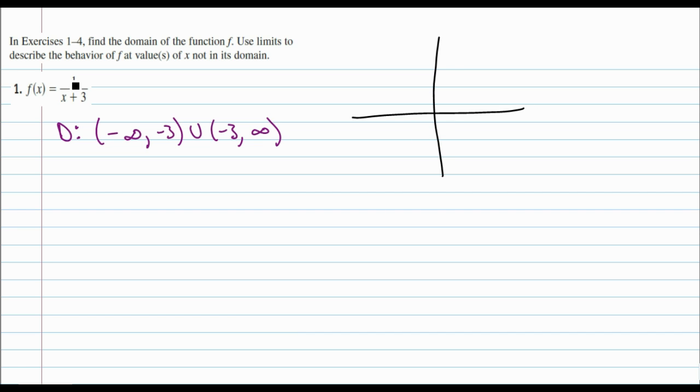That is the basic function 1 over x, or reciprocal function, that's moved left 3. So it's going to have its vertical asymptote at negative 3, but it's still going to level off at the x-axis. And it's going to have the same shape as the reciprocal function.